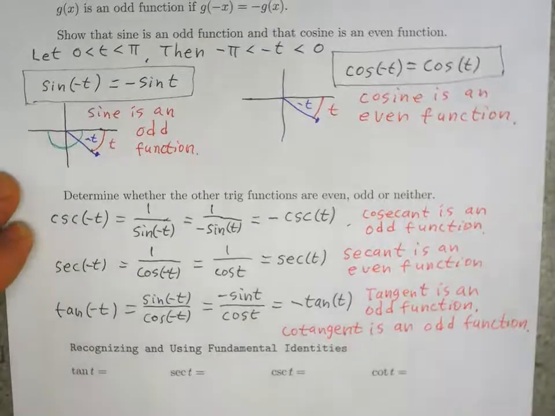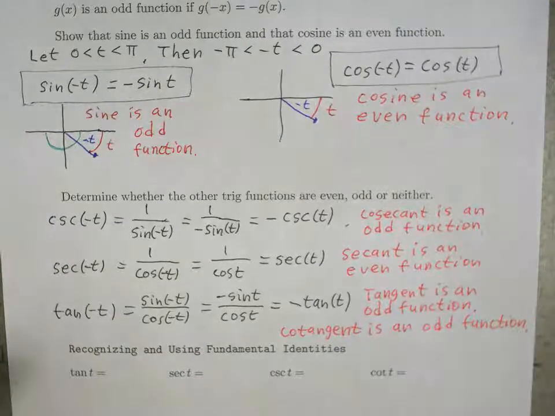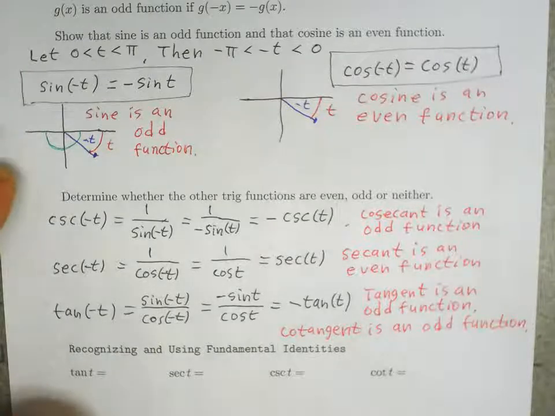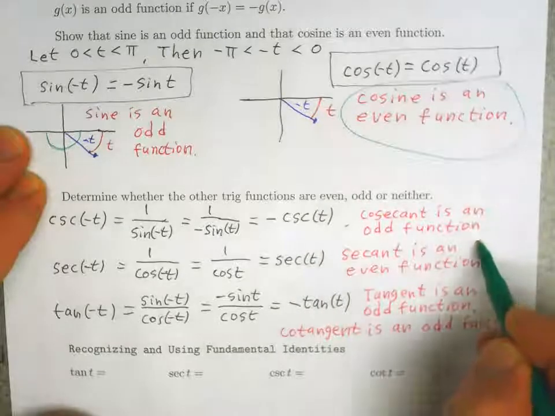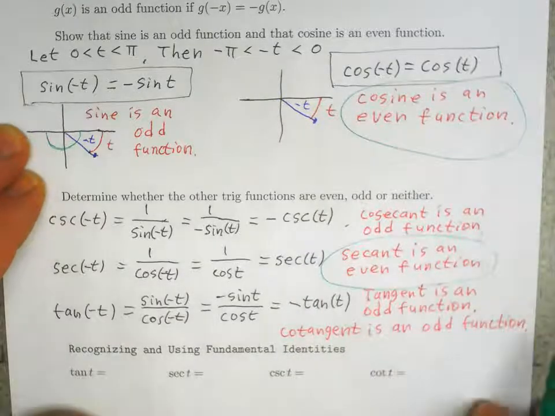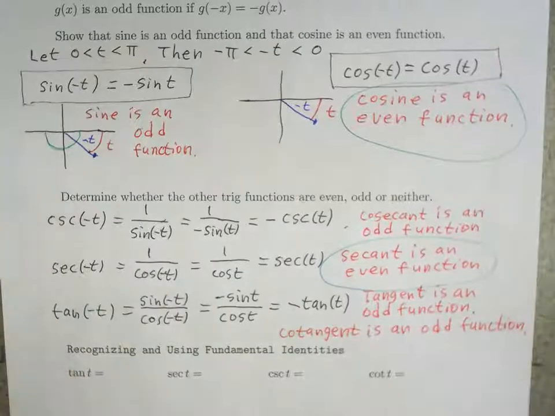Okay, so one thing you can remember is that out of all of the 6 trigonometric functions, only 2 of them are even. So cosine is even, and its reciprocal, secant, is even. The other 4 are odd functions.